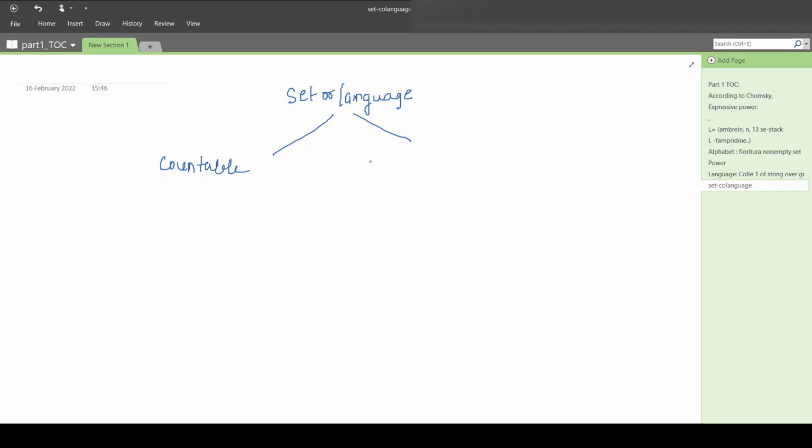Countable, uncountable. Over here also we can have divisions like countably finite and countably infinite.